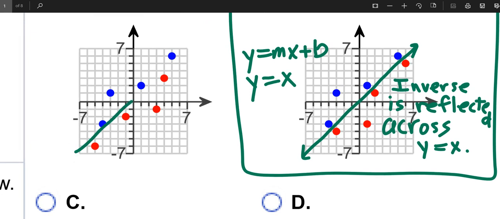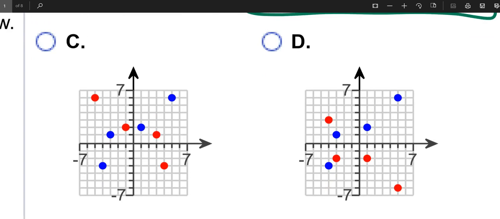Did that happen for letter A? If I draw that line in there, is it a complete reflection on letter A? Actually, that is a translation left and down. You're right. Okay. Letter C. Do you see that reflection happening there?